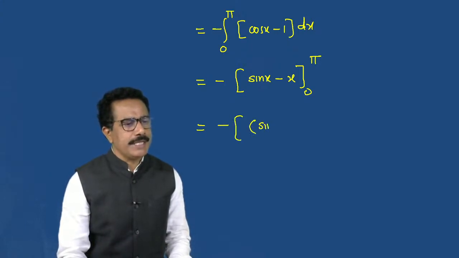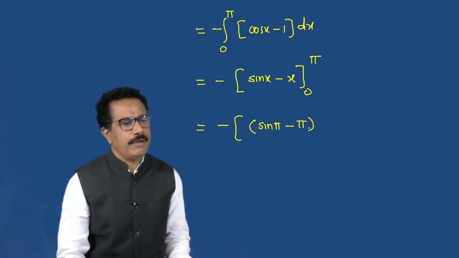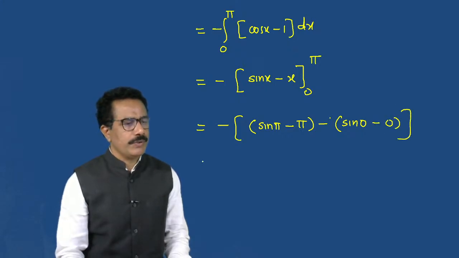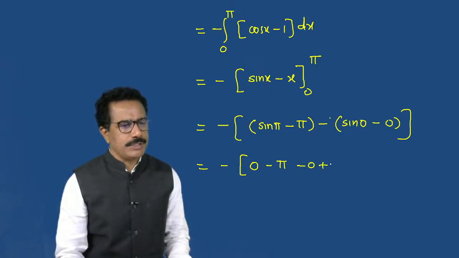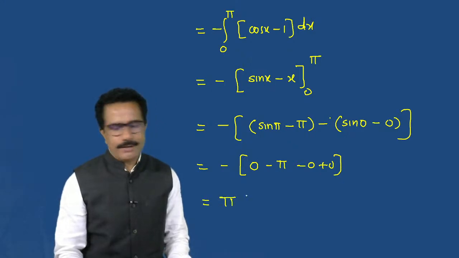That means sin pi minus x, that is pi, then lower limit minus sin 0 minus 0. So it will be minus, sin pi means 0 minus pi minus 0 plus 0. So the final answer will be pi.